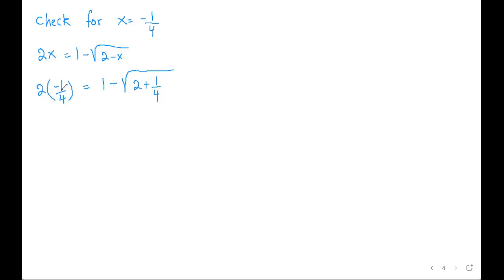So 2 times 1 over 4 here is negative. 2 cancels with 4, and they give me minus 1 over 2 equal 1 minus the square root of 2 plus 1 over 4, which is 8 plus 1 over 4, so 9 over 4.